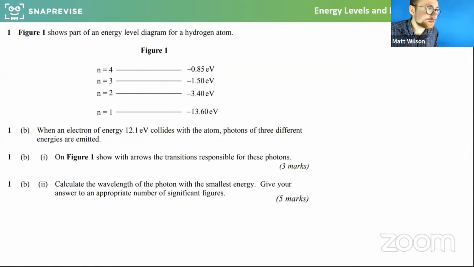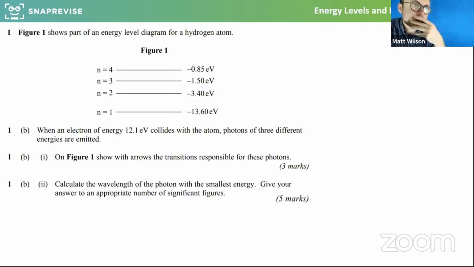Okay, final question. Figure 1 shows part of an energy level diagram for a hydrogen atom. When an electron of energy 12.1 electron volts collides with an atom, photons of three different energies are emitted. On figure 1, show with arrows the transitions responsible for these photons.